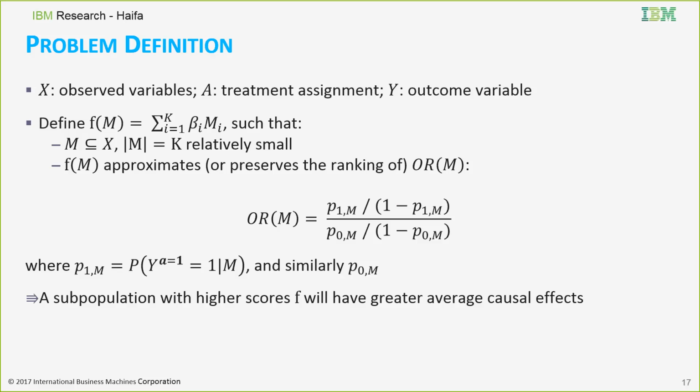And obviously, if you have a population with a higher score, these patients are expected to have a higher average score than using the one value or the other. Okay?